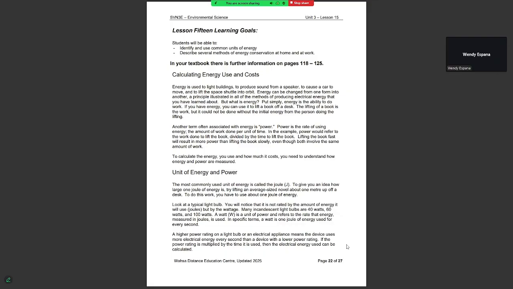Okay, another word that we always use when we're talking about calculating energy use and costs is power. And it's how much work we do over an amount of time. So it's the amount of work done over an amount of time.